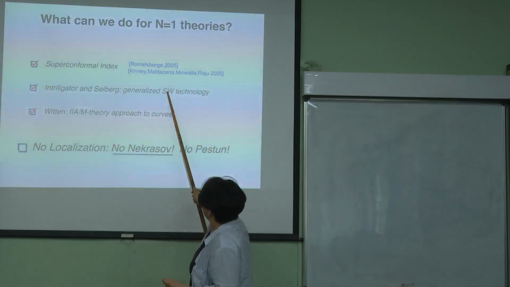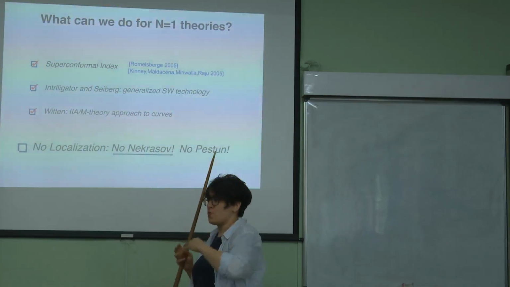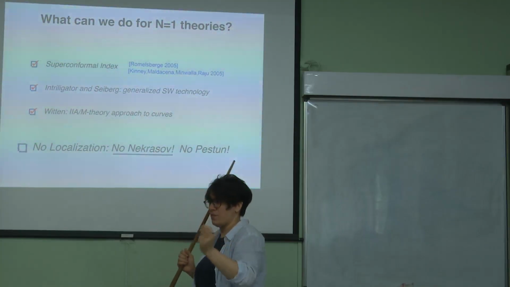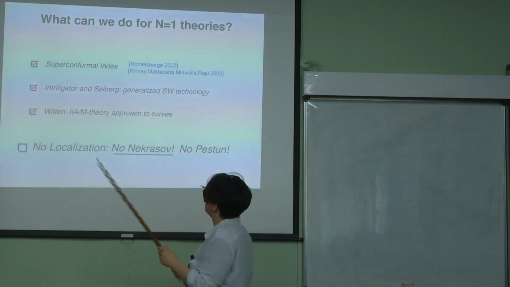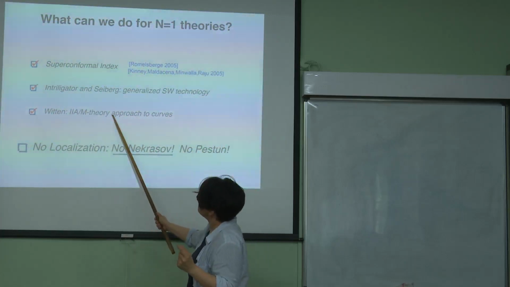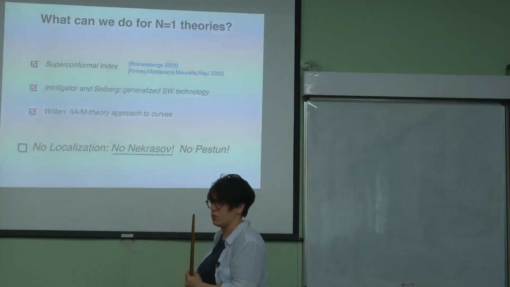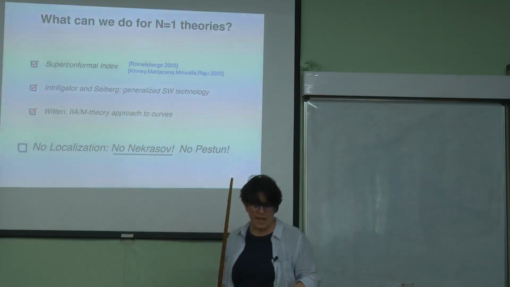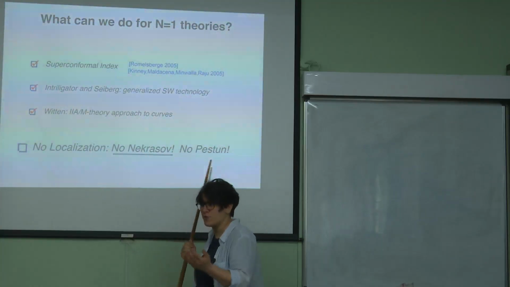And there was even this Witten approach to obtaining the curves from M theory that we learned how to do in the previous lectures; he generalized it to cases where there is only N equal to 1 supersymmetry. And in fact, when he was writing this paper, at the beginning I thought he would solve everything.